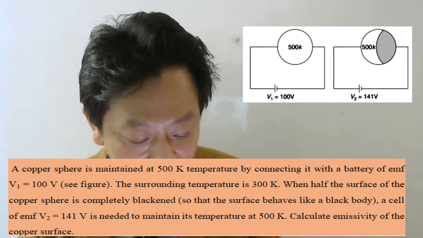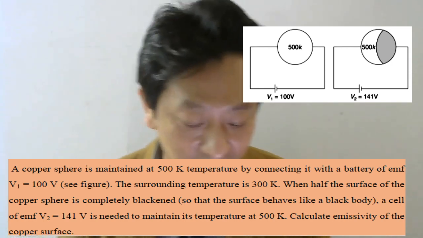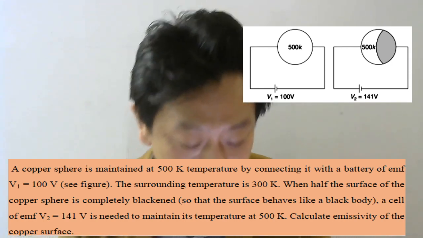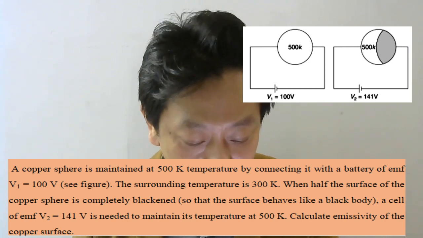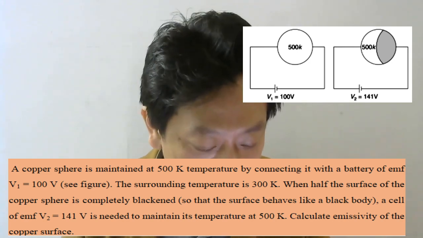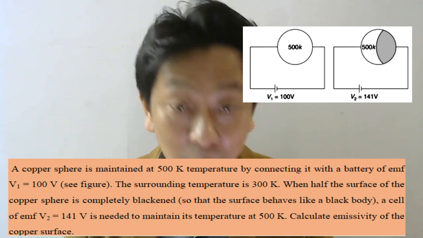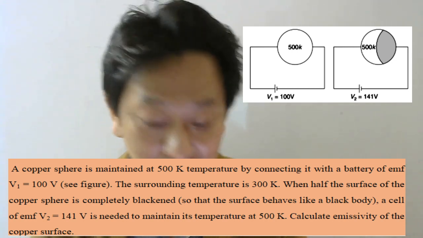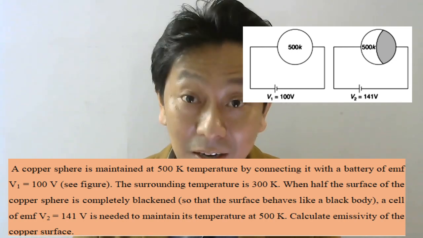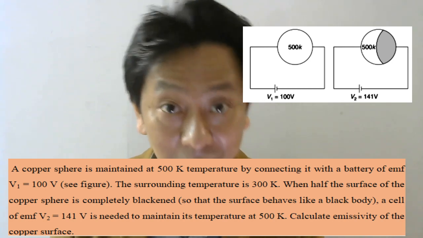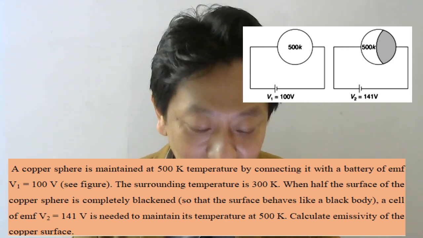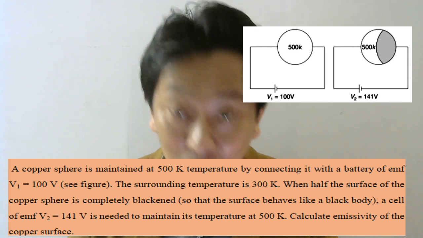When half the surface of the copper sphere is completely blackened so that the surface behaves like a black body, a cell of EMF 141 volt is needed to maintain its temperature at 500 Kelvin. Calculate the emissivity of the copper surface.